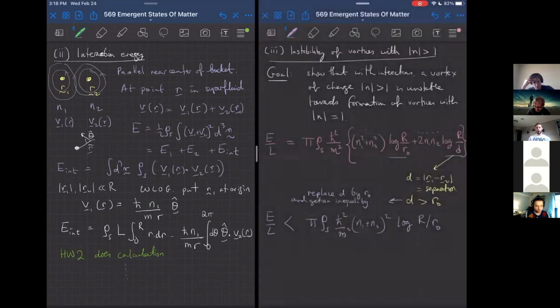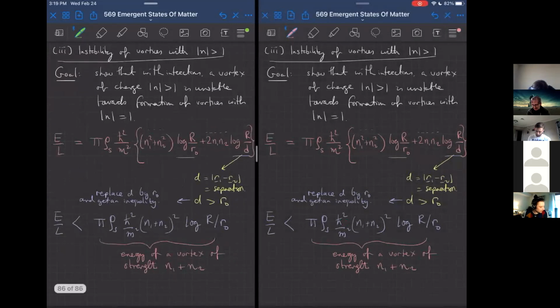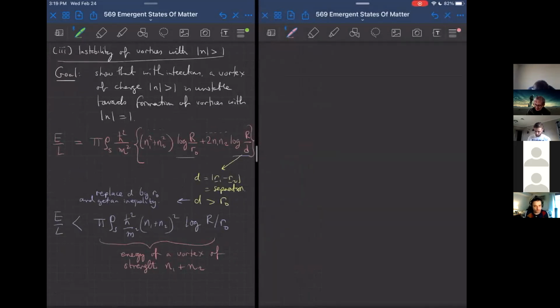And then what actually is this energy? Well, this energy is just the energy of a vortex line, of a single vortex, of strength n1 plus n2. So what is the interpretation of that?